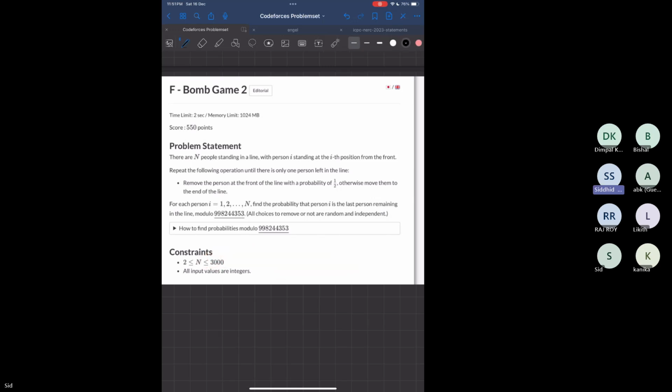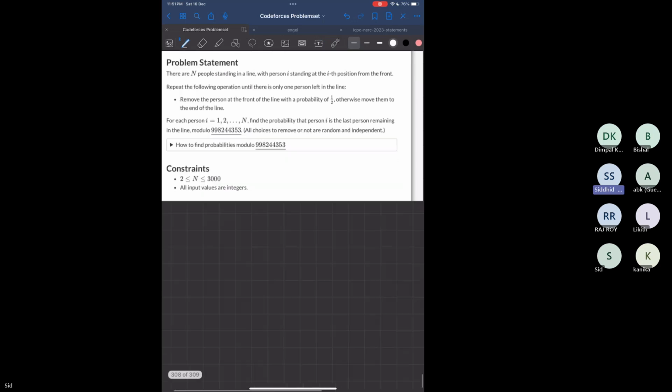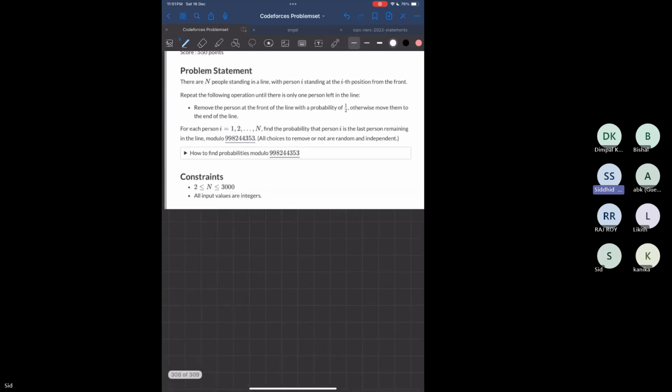Okay, I'll explain the question a bit. So there are basically n people. Let's say example 5, and they are initially standing in a line, person i standing at the ith position from the front. For convenience, let's consider my front is at this side. Imagine it is a line, queue line type of thing.